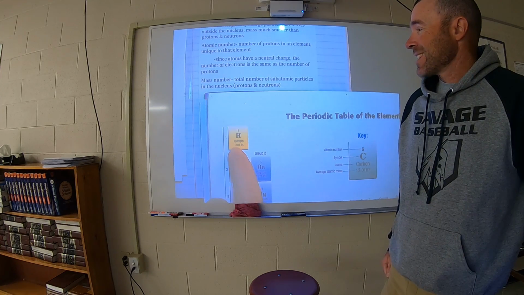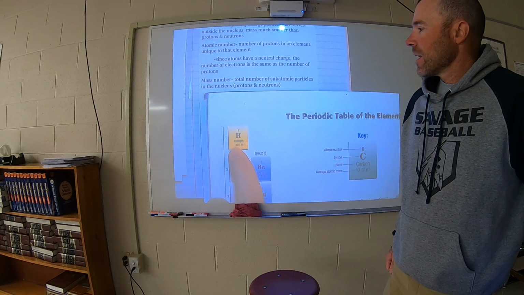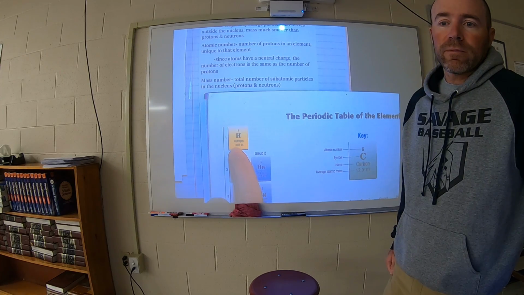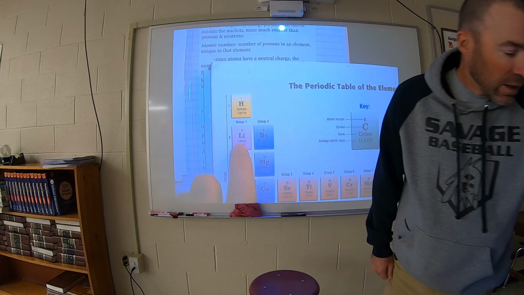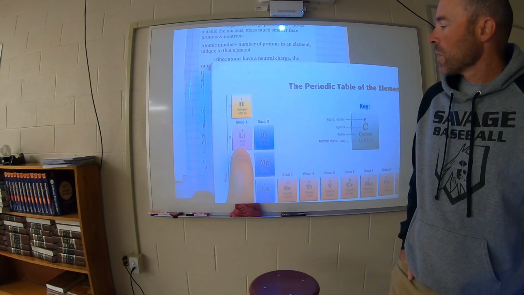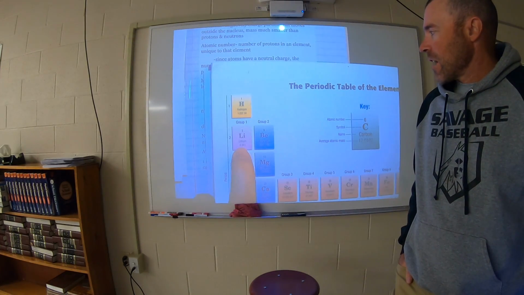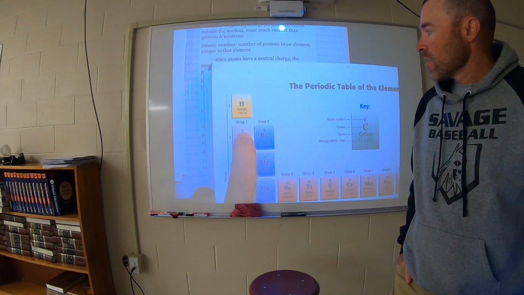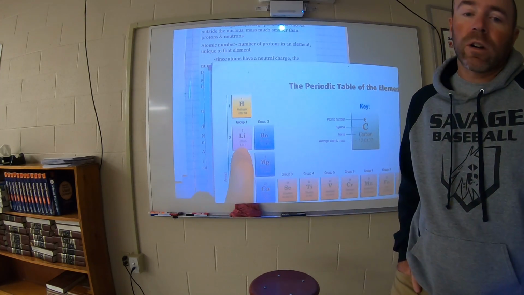Since that's the total number of protons and neutrons, most hydrogen has just 1 proton. Lithium has an atomic mass of 6.941, which is closer to 7. If the atomic mass is 7 and we know we've got 3 protons, 7 minus 3 is 4. So most lithium has 4 neutrons.